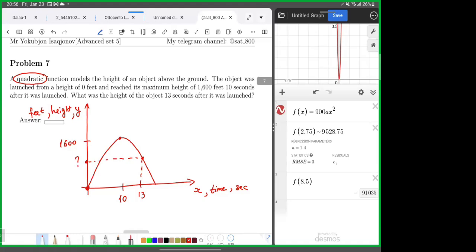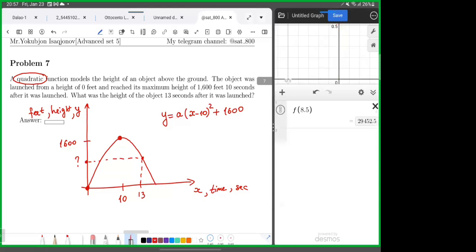So we need to model this. When you are given the vertex, it is very useful information, so we should write in vertex form: a times (x minus 10) squared plus 1600. We need to calculate the value of a.